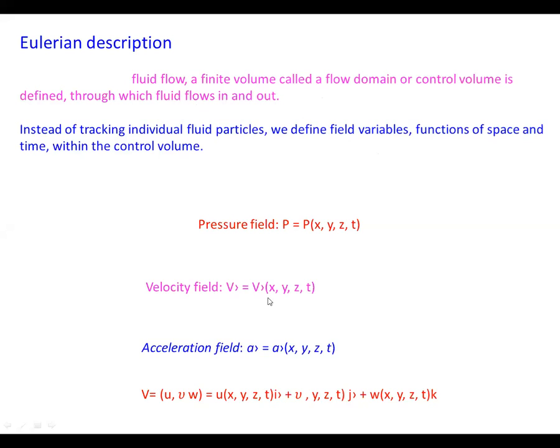Velocity is also represented by a velocity vector, given by the space coordinates x, y, z and the time coordinate. The acceleration field is also represented as a function of x, y, z.